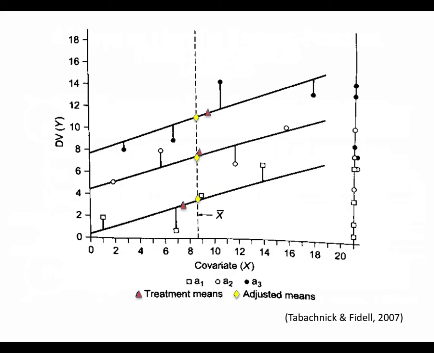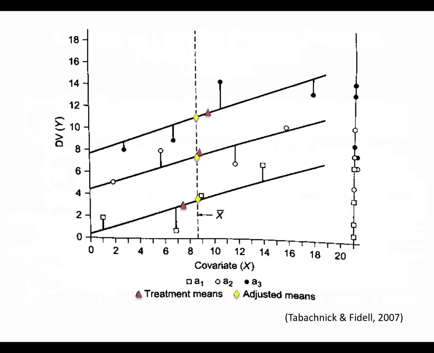And this is the covariate, which could be related to their pre-anxiety scores. The red ones are the treatment means, the means that we get after they've done the treatment. This is for one group, this is another, and this is another. But as we see, these three groups started off with different covariates, different levels of anxiety.